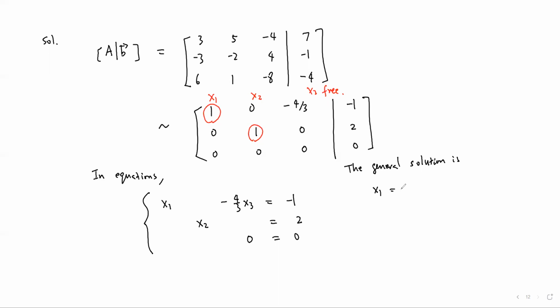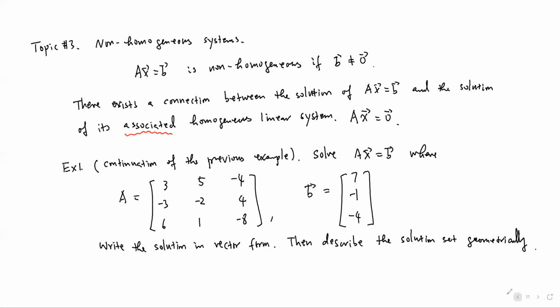First equation: x1 is -1 plus 4/3 x3. Second equation: x2 is equal to 2. Some people may say there is no x3, but you can view this as 0 times x3. And x3 is arbitrary. These are all the solutions of the linear system. That is the answer to the first question.